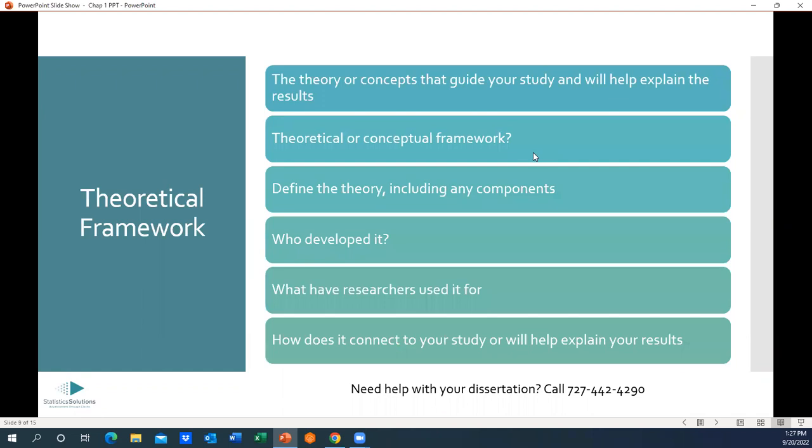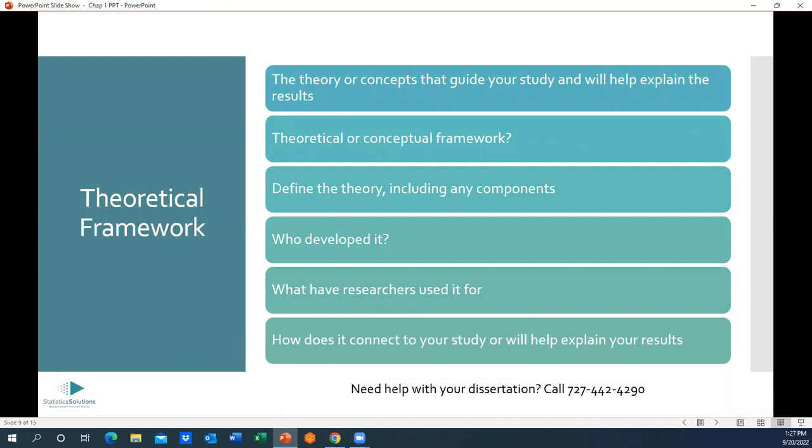Okay, next usually comes a theoretical framework, and it's another slippery area. Sometimes it's called a conceptual framework. So two big questions right off the bat: what is a theoretical or conceptual framework, and what's the difference?